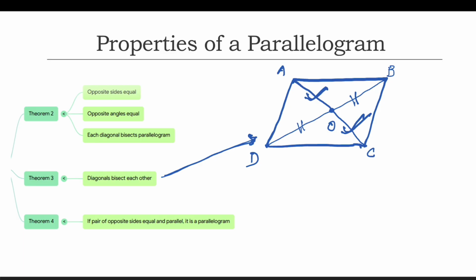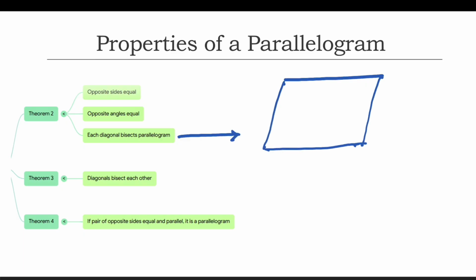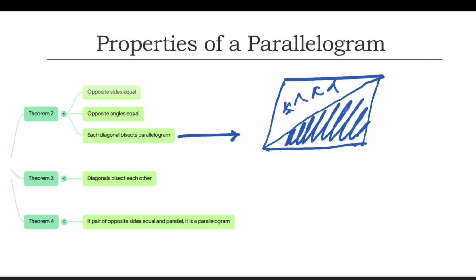Then there is a fourth property in a parallelogram: each diagonal bisects the parallelogram. What does that mean? I have a parallelogram, right? Now this is one diagonal. This diagonal bisects the parallelogram, meaning this area will be equal to this area, and all sides will be equal, and so on.